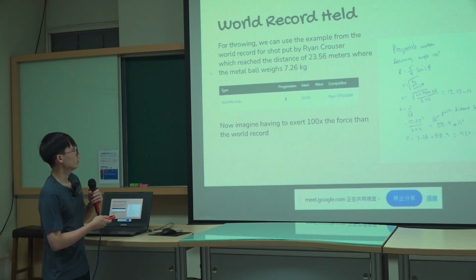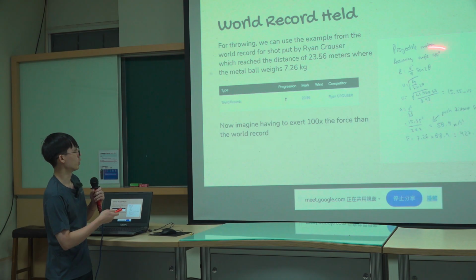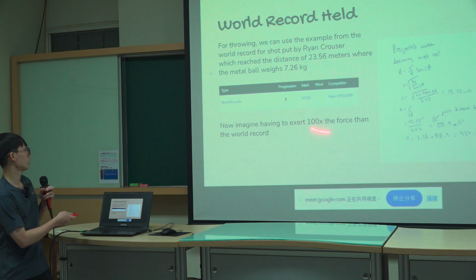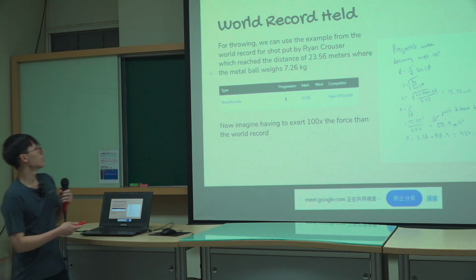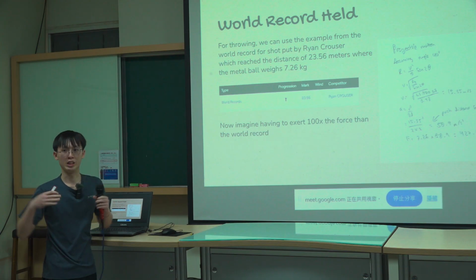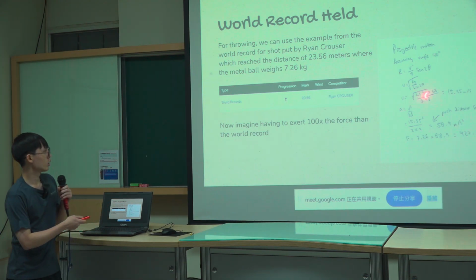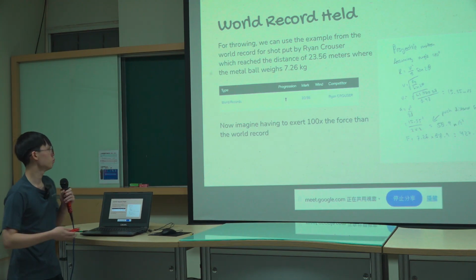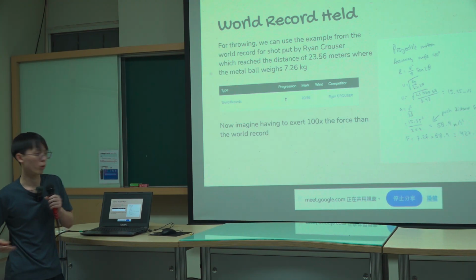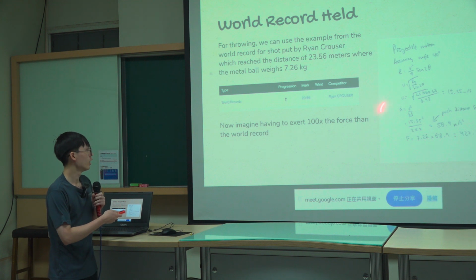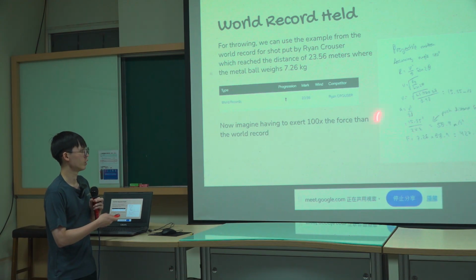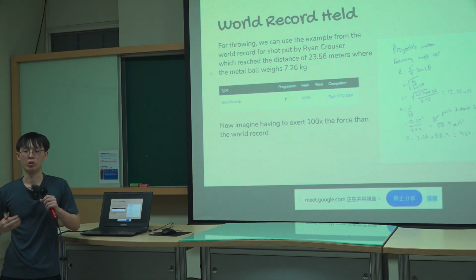So we get this formula where R is the distance, which is 23.56 meters, and g is gravity. Then we derived this to find the actual velocity, which is 15.35 meters per second, and we can use a similar formula like we did last time, the kinematics formula and also Newton's law, to get the force he used to throw it.